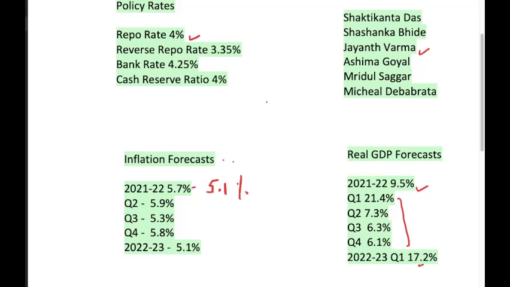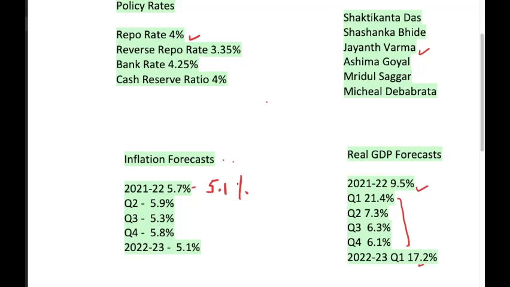Now, I would like to ask you a question, or you can reply in the comments. Firstly I'll tell you something. We know that in 2016, RBI adopted the inflation targeting framework, with its primary objective to control inflation.